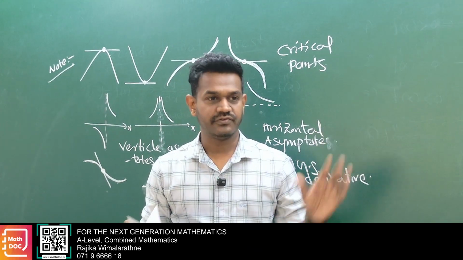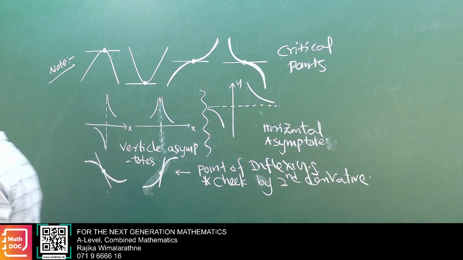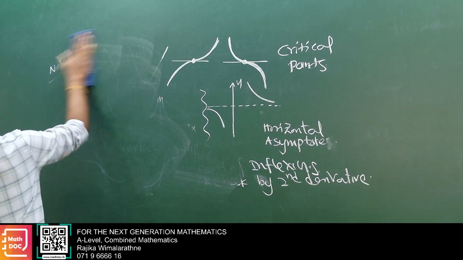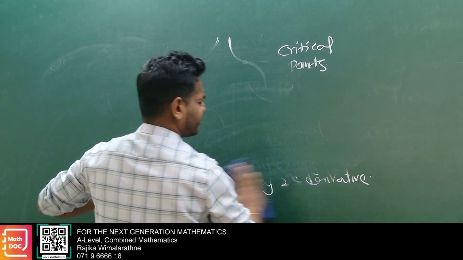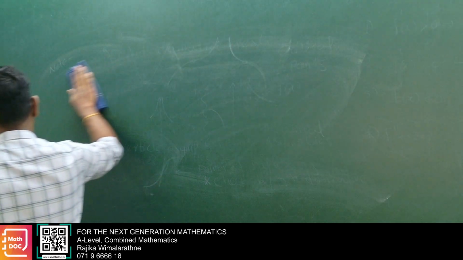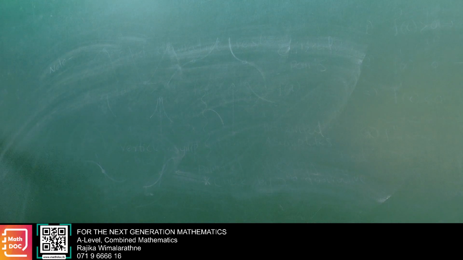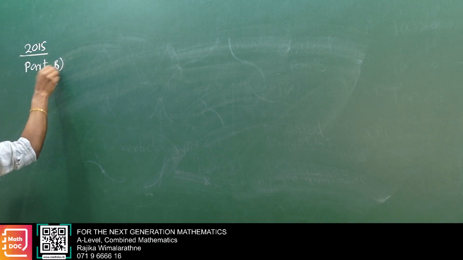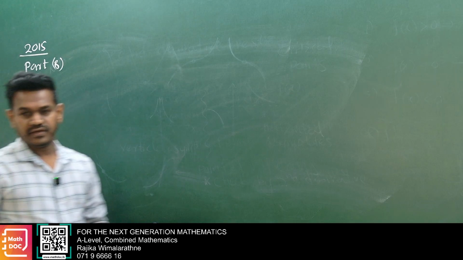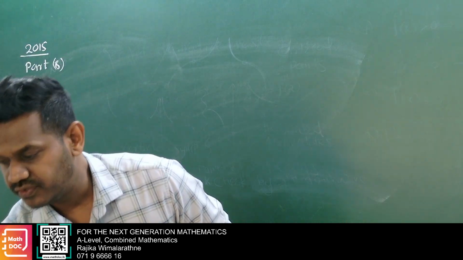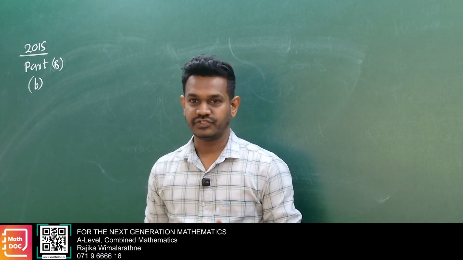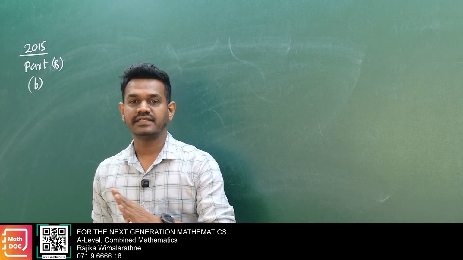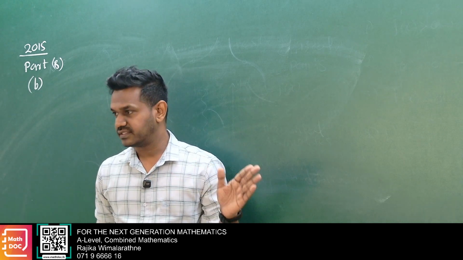Follow the usual techniques. The function is given: differentiate, factorize, equate to 0, identify critical points, and go likewise.